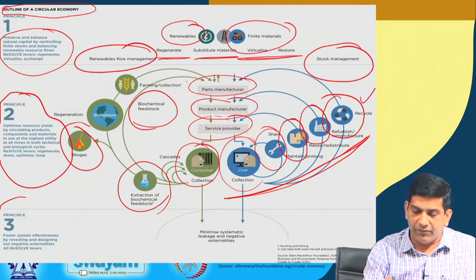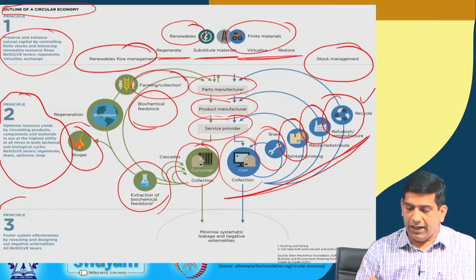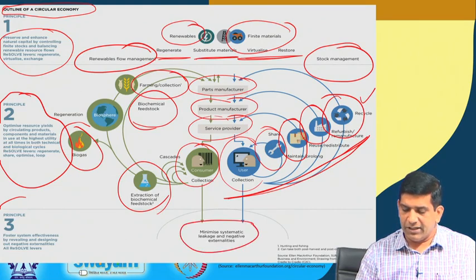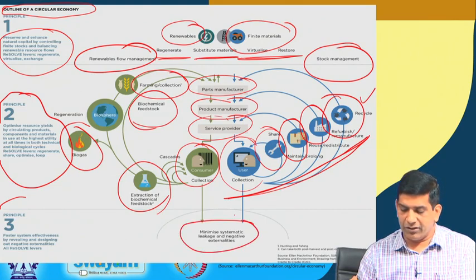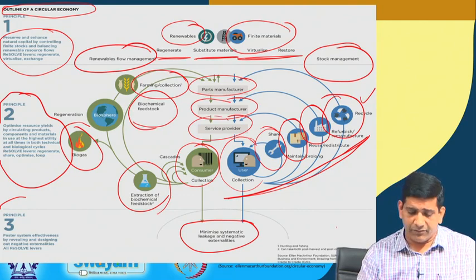We can have farming collection, which also goes back to the system. In both the biological side and the stock management side, we try to minimize systematic leakage and negative externalities. That is the whole concept.